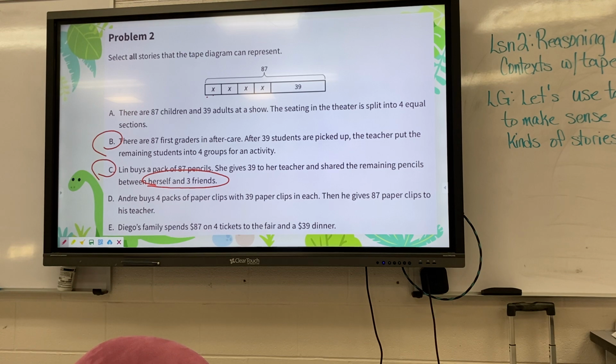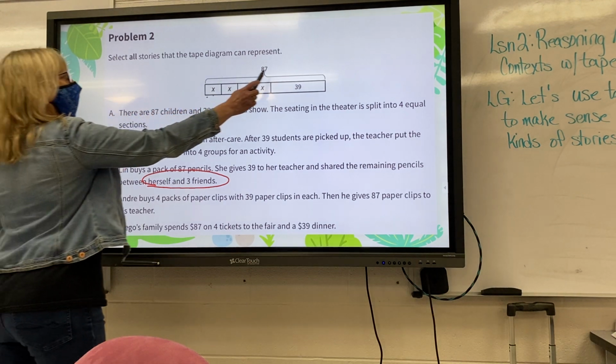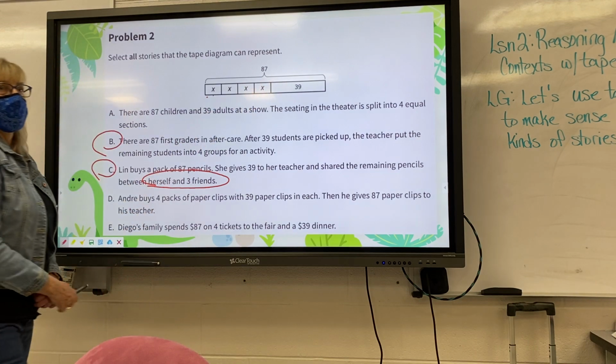Diego's family spends $87 on 4 tickets to the fair and $39 for dinner. How much did they spend altogether? 87. So this whole thing would be 87, right?